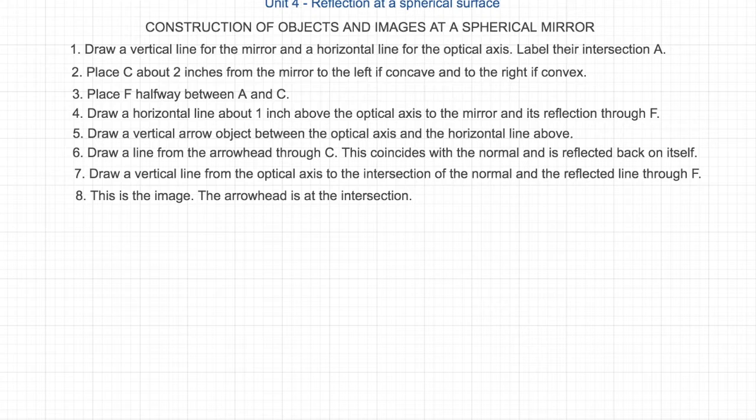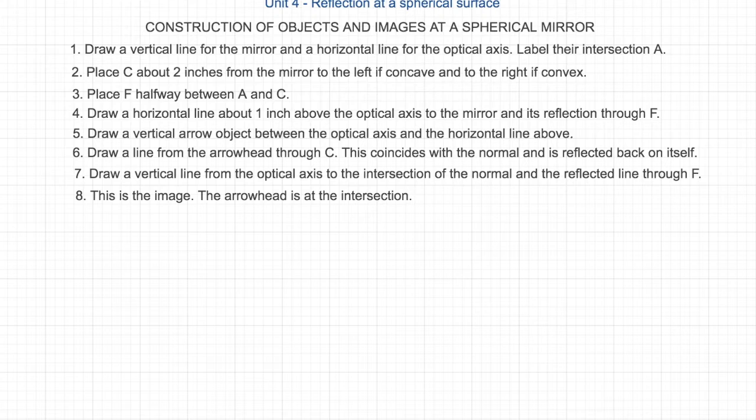So if it is a concave mirror, you place the center and the focal point on the left side. And if it's a convex mirror, you place the center and the focal point on the right side. So a good rule is to place the center about 2 inches from the vertex, which you mark as A, and then you put the focal point about 1 inch from the vertex A.